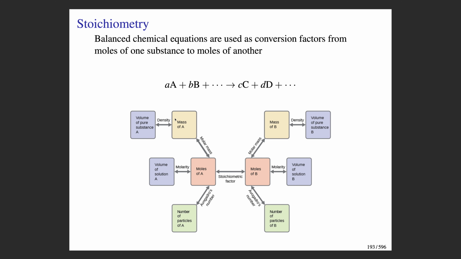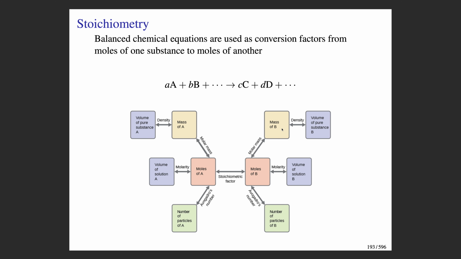You would take the mass in grams of your reactant, convert that to moles using the molar mass, and then you would convert from moles of your reactant to moles of your product using the stoichiometric coefficients, and then you would use the molar mass of your product to convert the moles of product to the mass of product in grams. Okay, and so that's a very common stoichiometric problem, a gram to gram conversion.